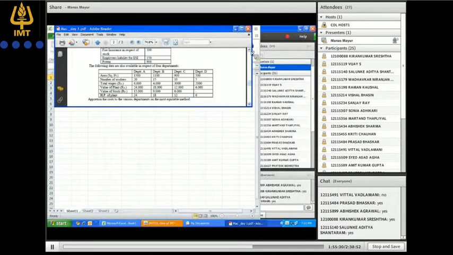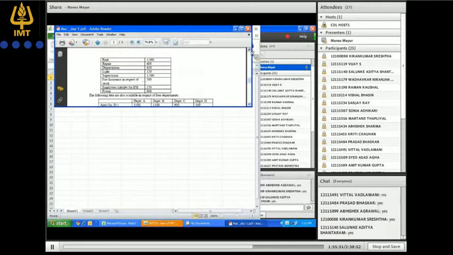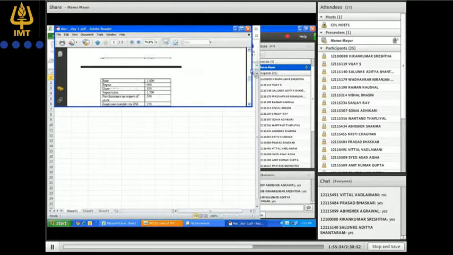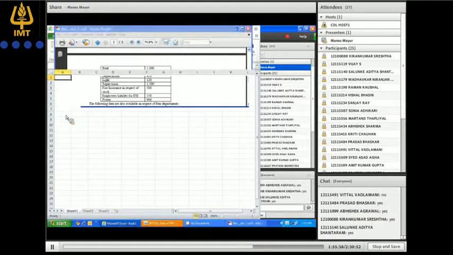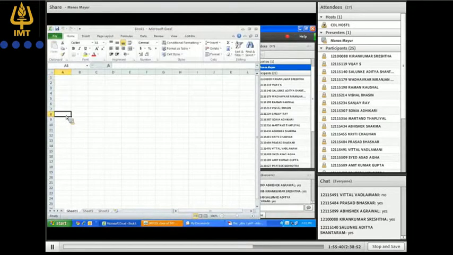So our common expenses here start from rent. So first is rent.